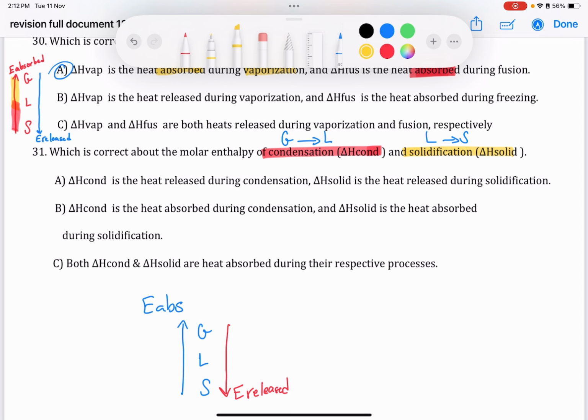To change from gas to liquid, energy is released. So in the condensation, energy is released. In the solidification, liquid to solid, again energy is released. So yes, energy is released. So the answer is A.